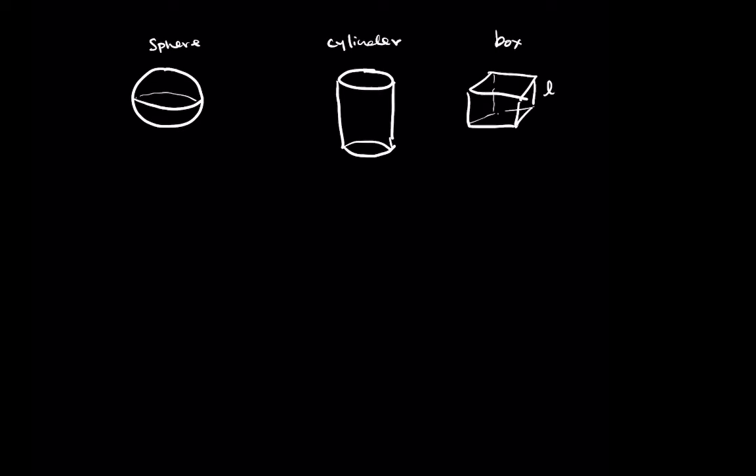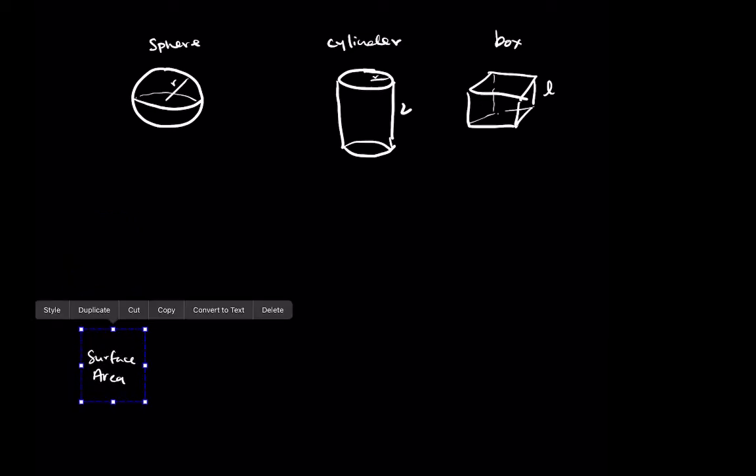So if we call this length L, this has a radius R, and this has a radius R. We want to just review the surface area and the volume of these things, because I find people tend to be rusty on these.